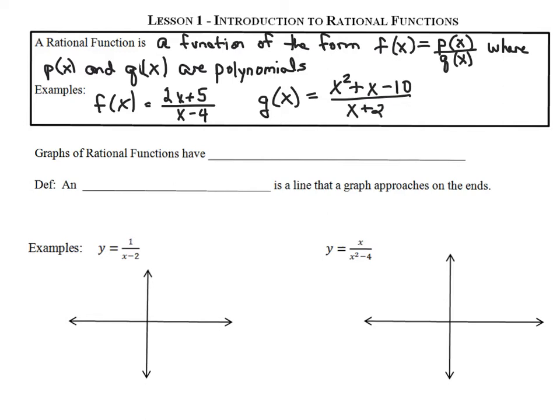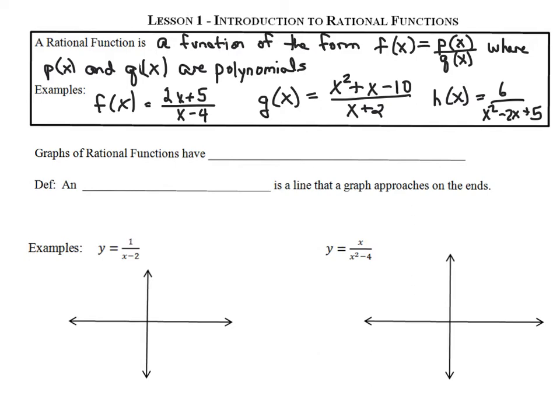Or I might have a function like h of x is equal to 6 over x squared minus 2x plus 5. All of these are rational functions because they have a polynomial in their numerator and denominator. In the case of h of x, the numerator is 6, but that's just considered a monomial.